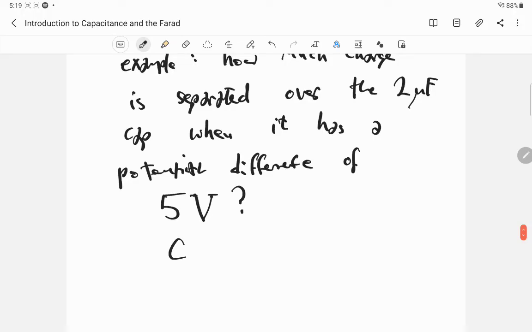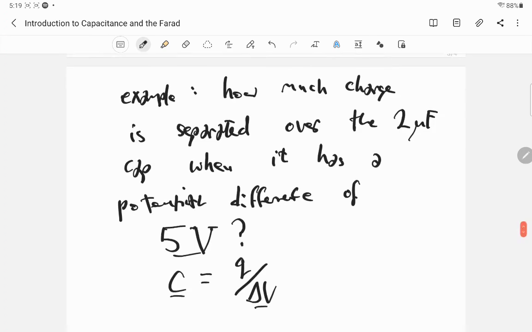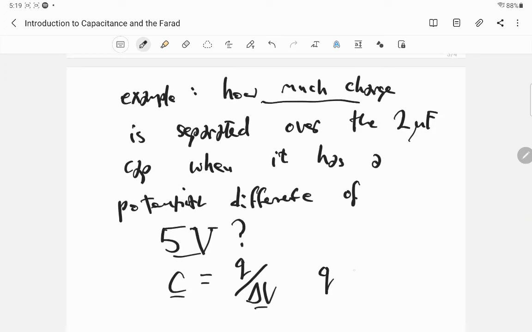So remember that capacitance is charge separation divided by potential difference. So I've got 5 volts here, and I know the capacitance. And the question is how much charge? So let's solve. So Q equals C times potential difference. And the capacitance is 2 microfarads. And the potential difference is 5 volts.